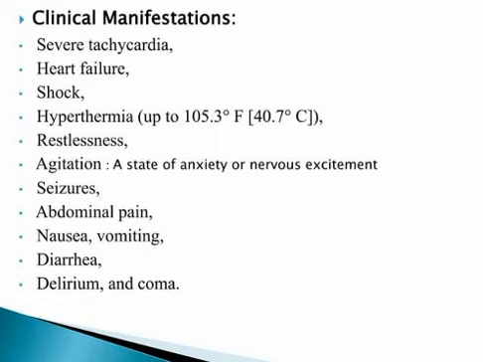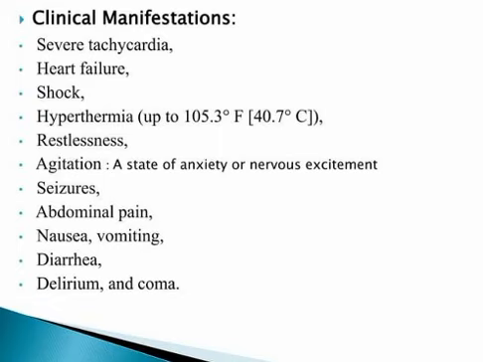Next will be the clinical manifestations of thyrotoxic crisis, thyroid crisis. Here we can see severe tachycardia, so there will be a high heart rate. Next will be heart failure, shock, hyperthermia, so the body temperature may rise up to 105.3 degrees Fahrenheit, that is 40 to 40.7 degrees Celsius.